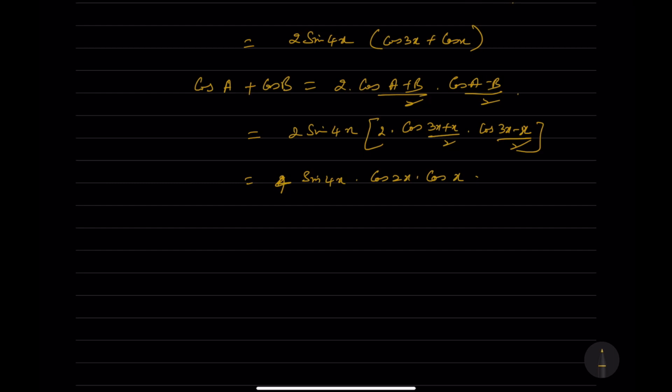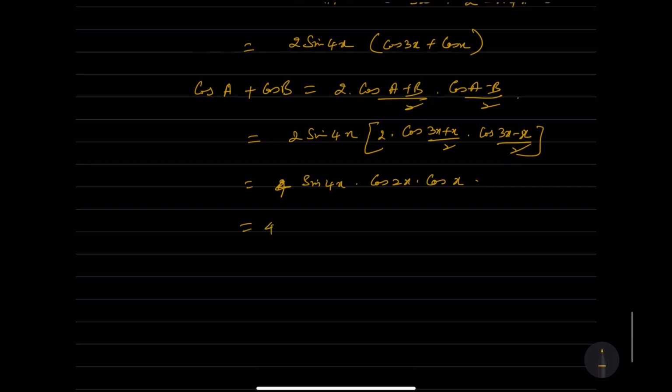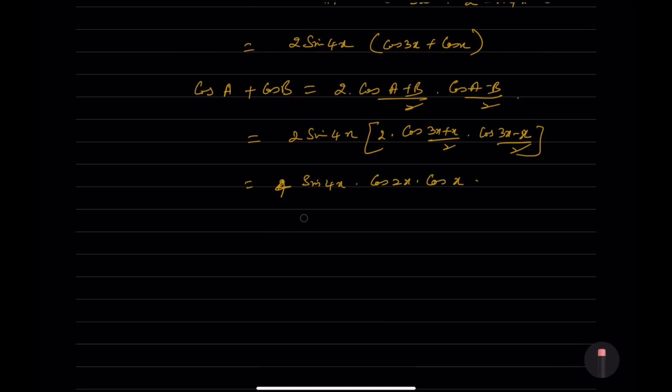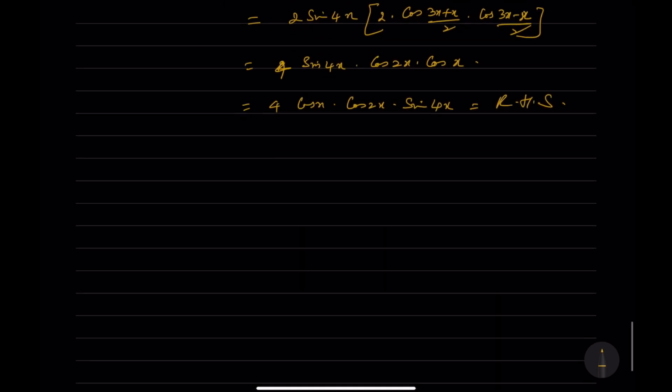So therefore you are getting 4 sin 4x cos x, it's written in this order, so you can write it as equal to 4 cos x into cos 2x into sin 4x, which is equal to RHS. This is the answer.